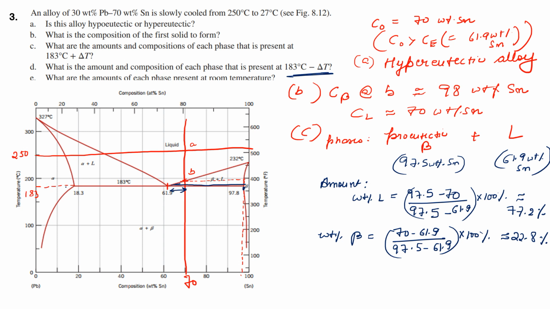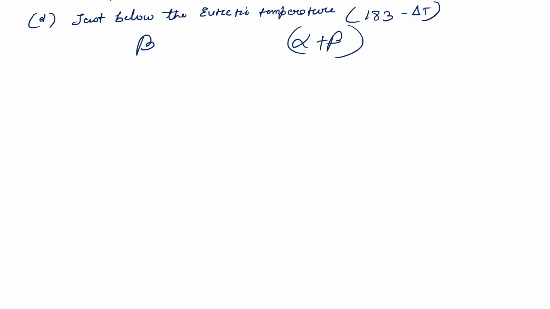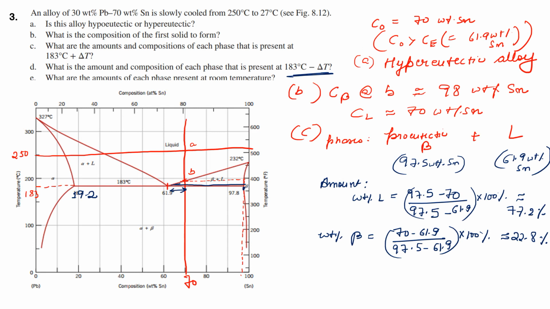It's about 18%. Okay. So the beta here is of composition 97.5 weight percent tin, and the composition of alpha is 19.2.